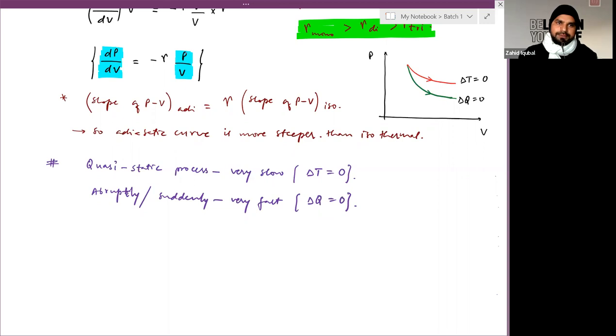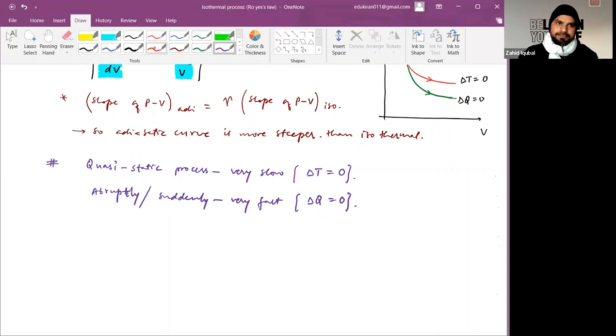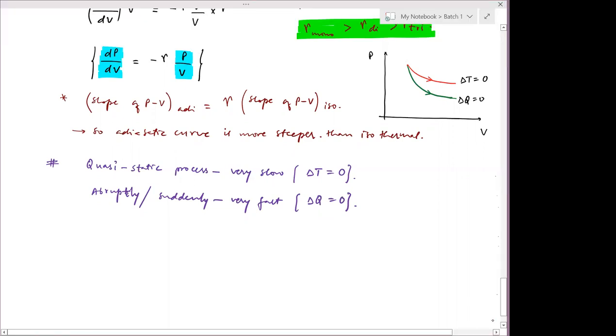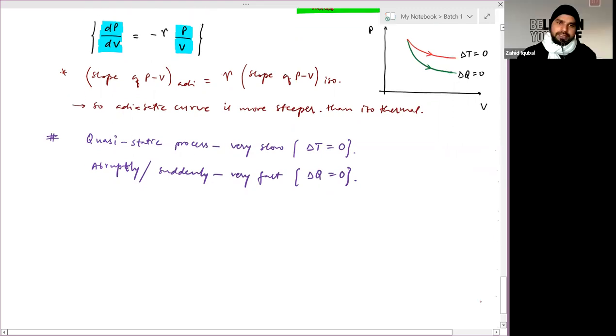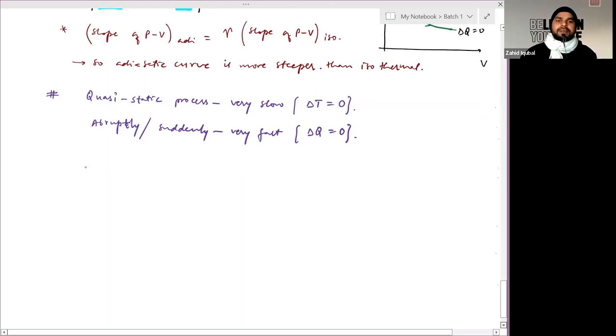Iba, any doubt? No, sir. So from this part, you will be asked, bursting of a balloon, bursting of the tire of a vehicle, is it an isothermal process or an adiabatic process?